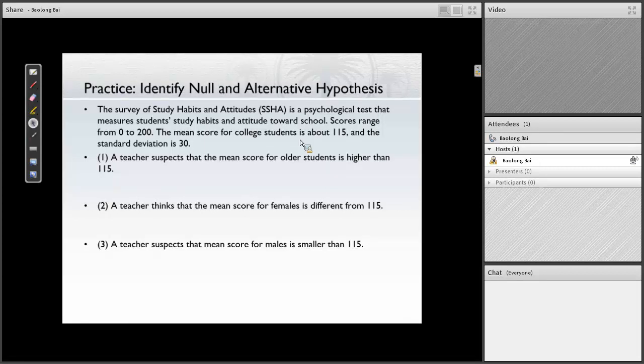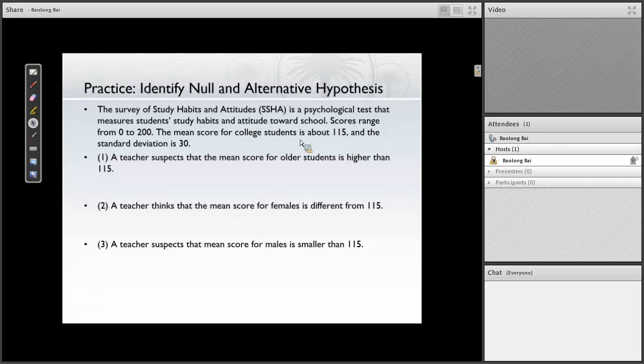Score range from 0 to 200. The mean score for college students is about 115, the standard deviation 30. So this is our background information. And the research interest, we have three different scenarios. We have three different researches.